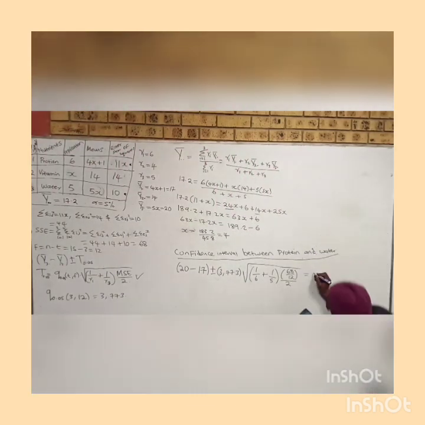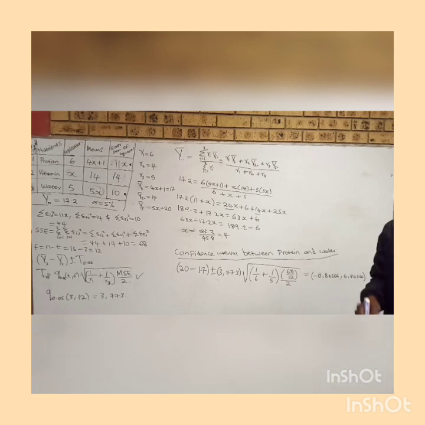So my lower boundary is negative 0.84566, and let me check my upper boundary, or my upper value for this confidence interval. It's 6.84566.